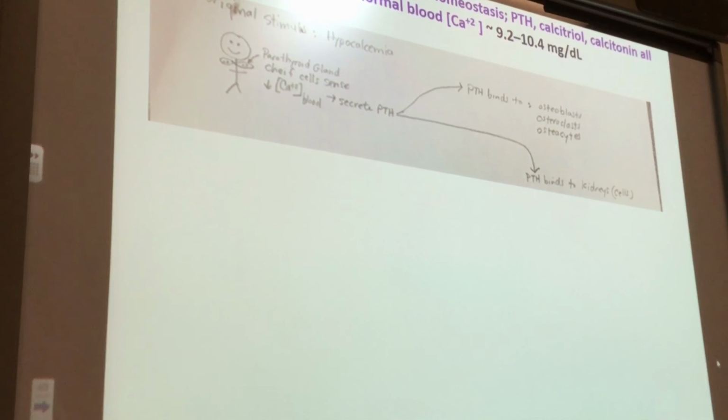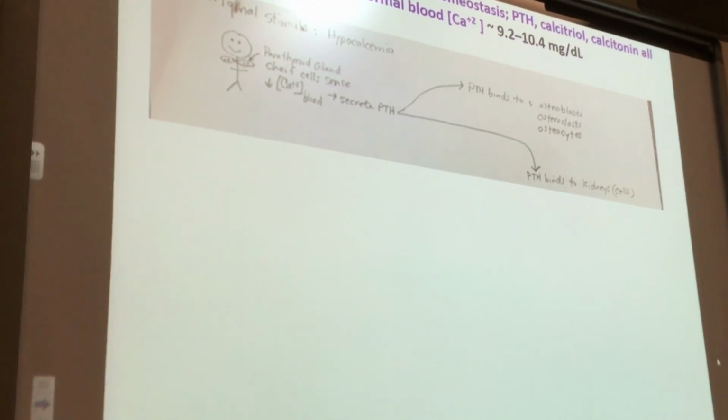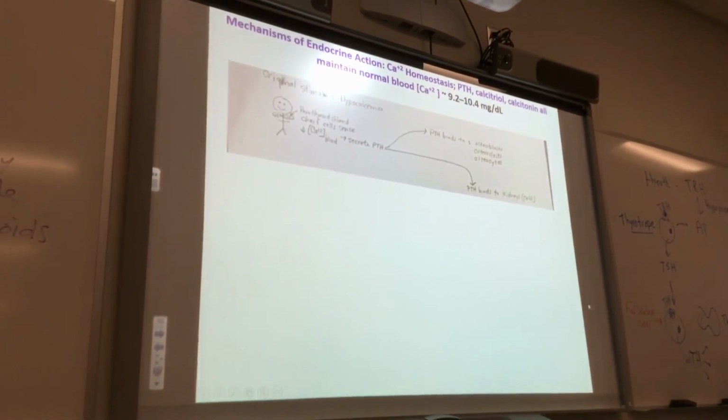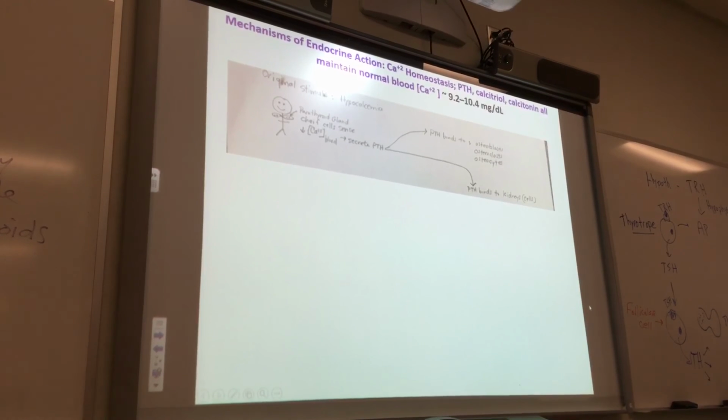But now everybody says it, right? While I was brought up, it's like, oh, I have to go to the restroom. I have to go to the lavatory. But I should just say PTH binds to the kidney cells so you don't pee out calcium. That's the easiest way to say it. But I'm having a PTSD right now, just even saying that. So I just had to let you know.